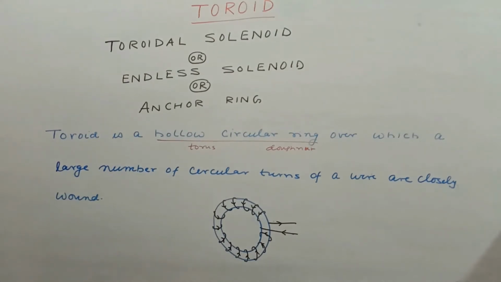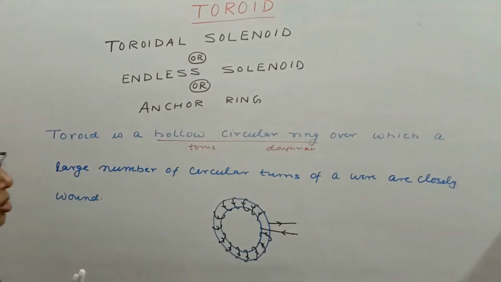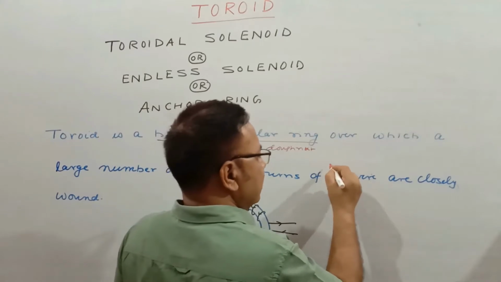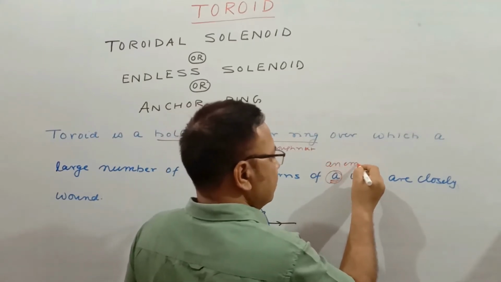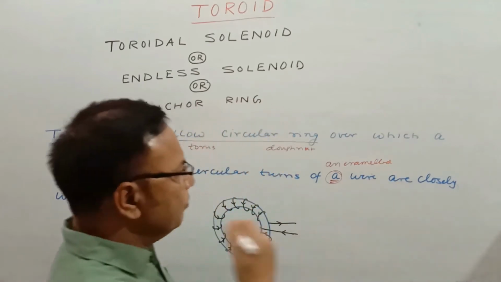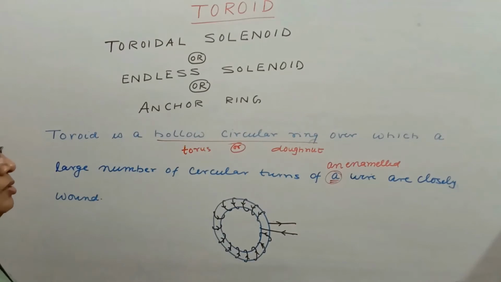It would be better to write large number of circular turns of an enameled or insulated wire in place of this. That would be better to write over there.